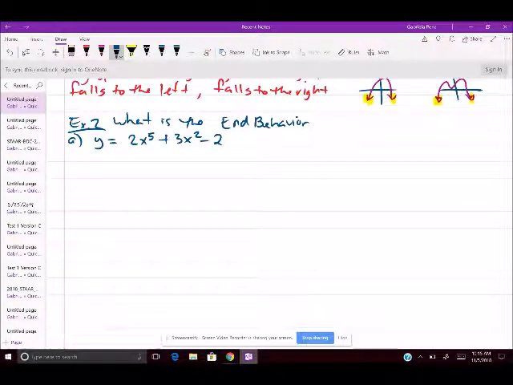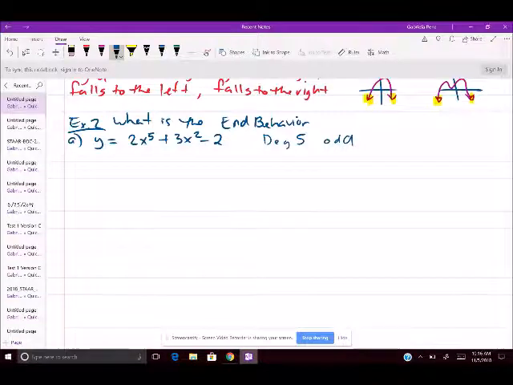Is everything in order? Yes. So we look at the exponent, at the degree. Is your degree odd or even? Odd. My degree is 5. 5 is odd.